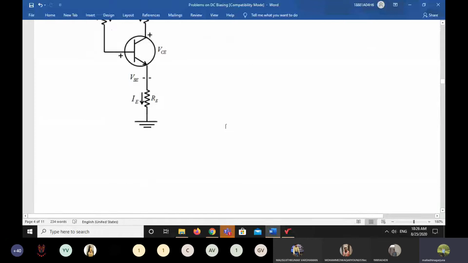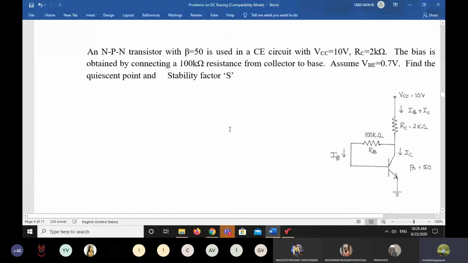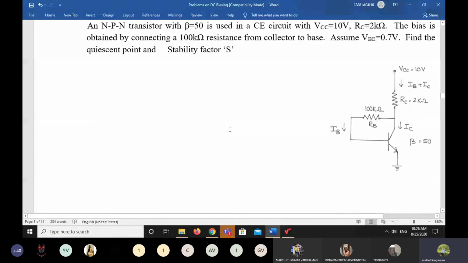Okay, the next problem. Note down the next problem. An NPN transistor with beta 50 is used in a CE circuit with VCC equal to 10 volts, RC equal to 2 kilo ohm. The bias is obtained by connecting a 100 kilo ohm resistance from collector to base. Assume VBE equals 0.7 volts.